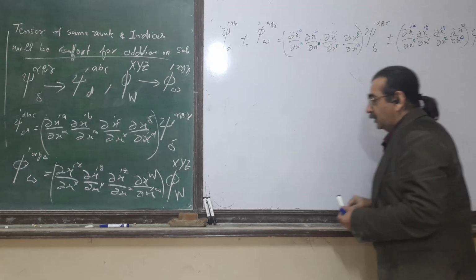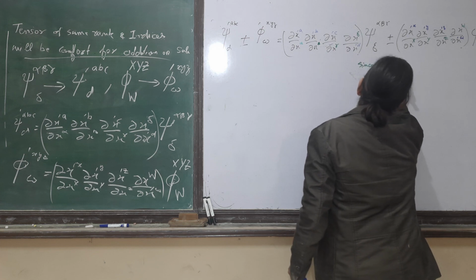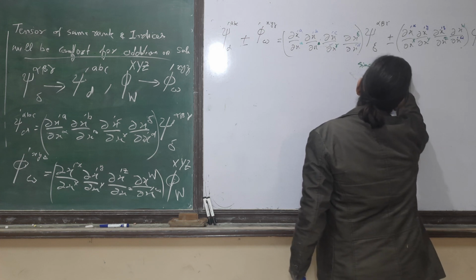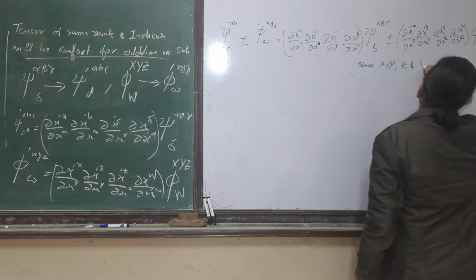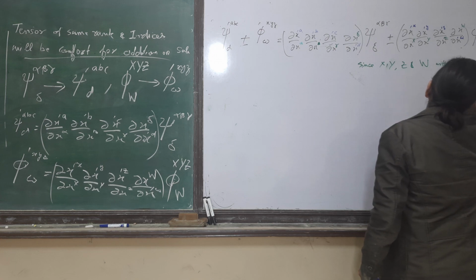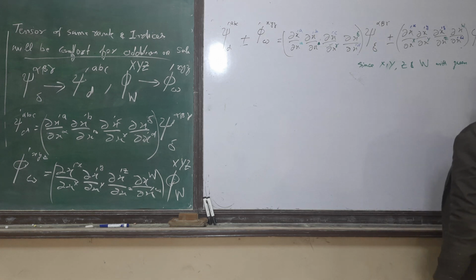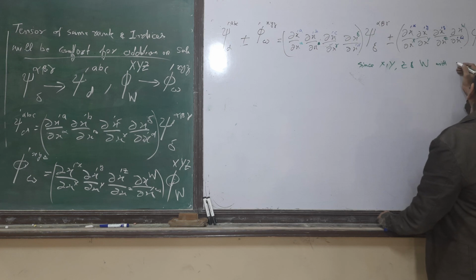Okay. So x, y, z, and w with the green color are not only green, they are black too. Okay, so they are dummy.